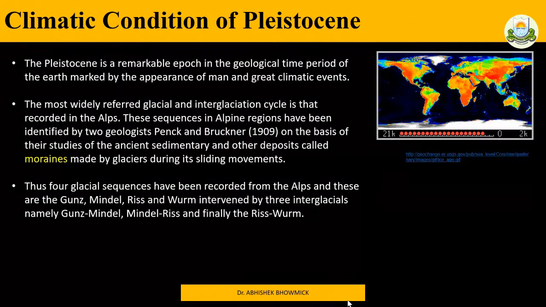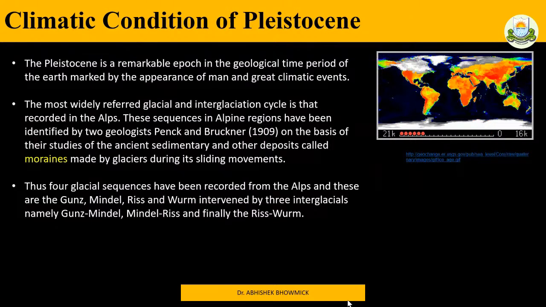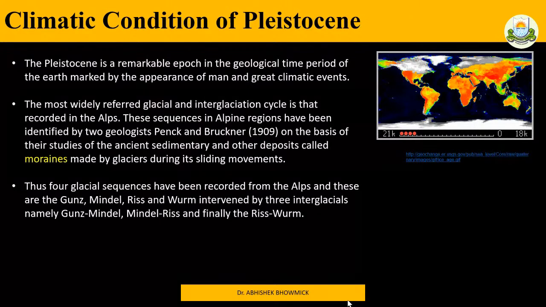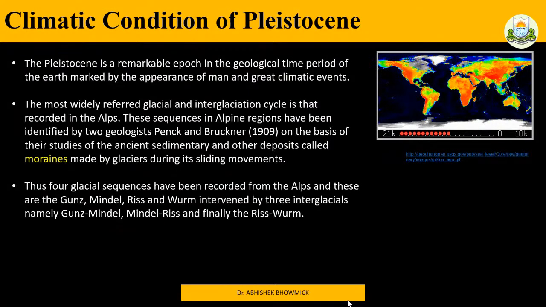When it was 21,000 years before, what was the scenario, and now what is the scenario? Thus, in the Pleistocene era, there was continuous growth of ice in the alpine regions, as well as growth of the whole ice capping on the planet, and there was also continuous retreat.